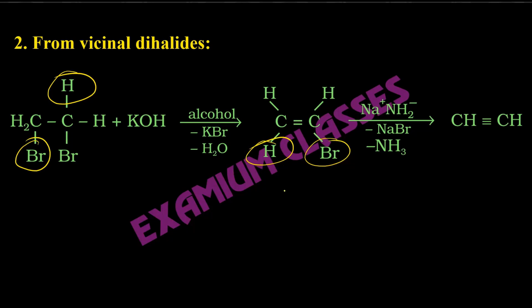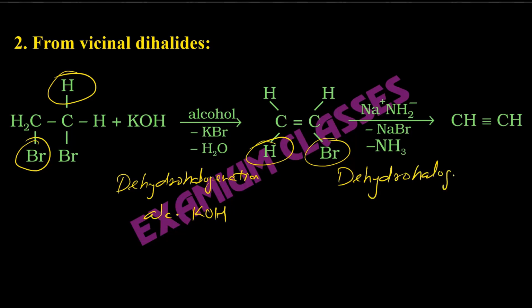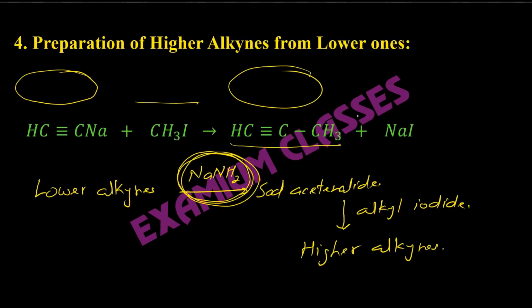So here I am doing dehydrohalogenation by alcoholic KOH. Here also I am doing the same thing, dehydrohalogenation, but because the double bond is there, I will use NaNH2. Here in this case, the function of NaNH2 is just to produce sodium acetylide, that is, replace the hydrogen by sodium.